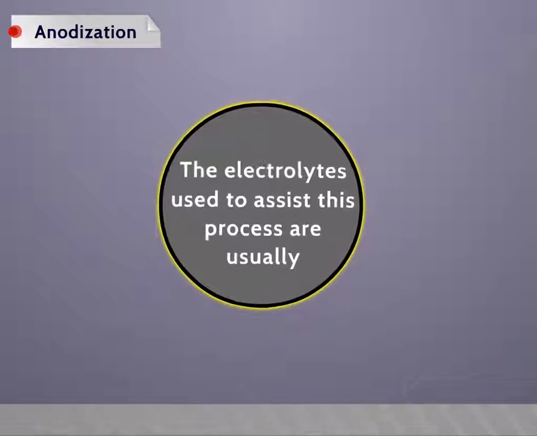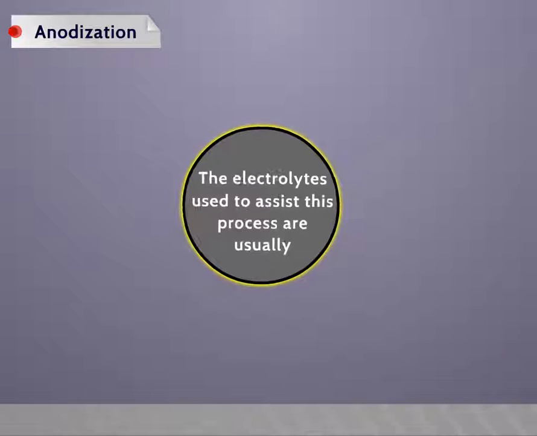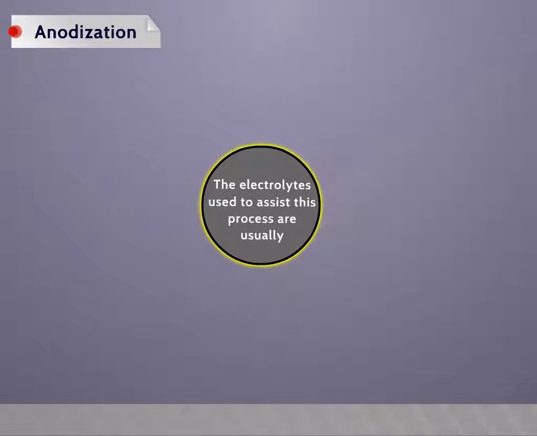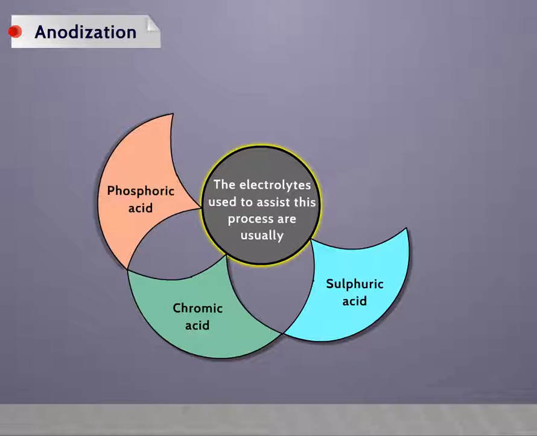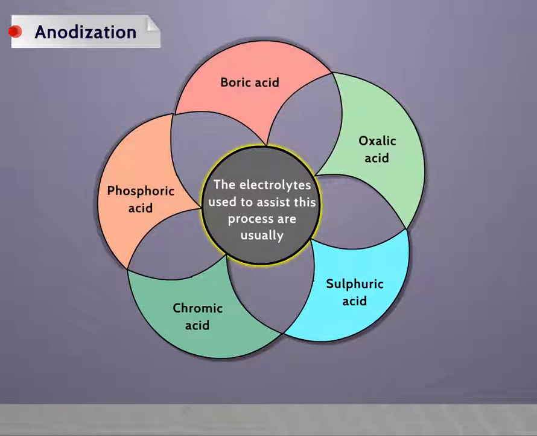The electrolytes used to assist this process are usually sulfuric acid, chromic acid, phosphoric acid, boric acid, and oxalic acid.